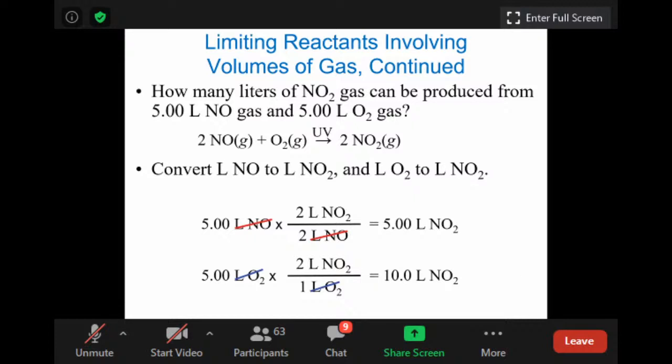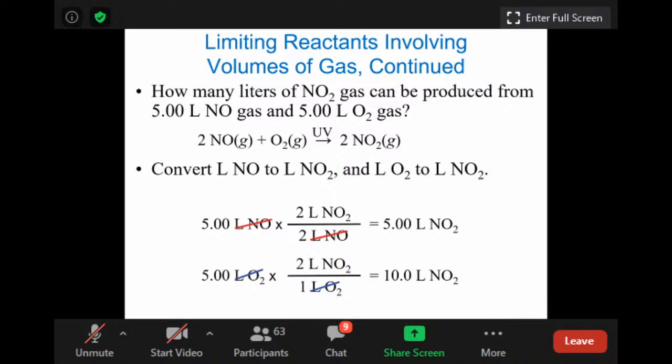All right, convert liters of NO to liters of NO2. So in other words, we would say what contribution NO will make in making NO2. We deal with that. Then we say what contribution O2 makes in making NO2. Those are the key questions. So you got 5.00 with that factor.